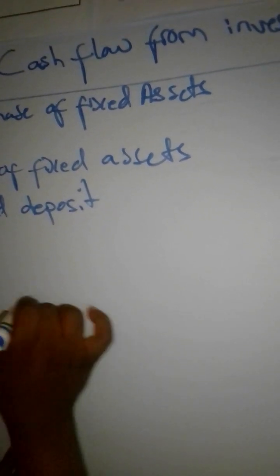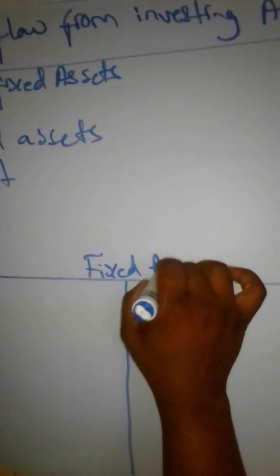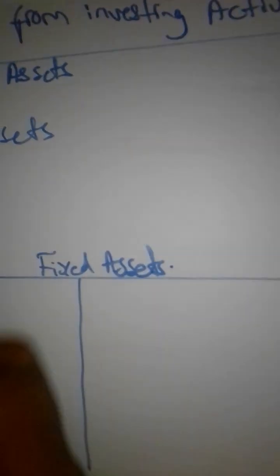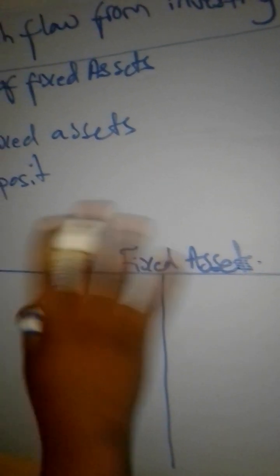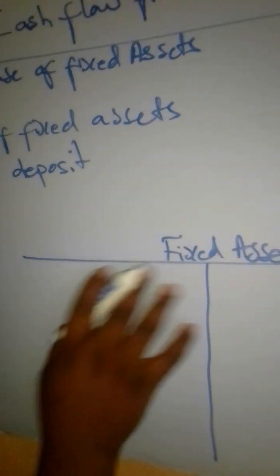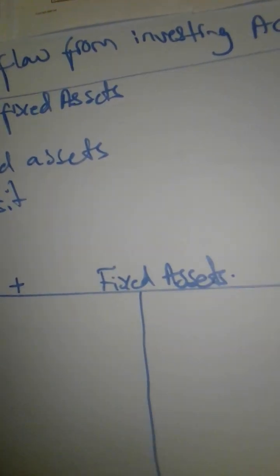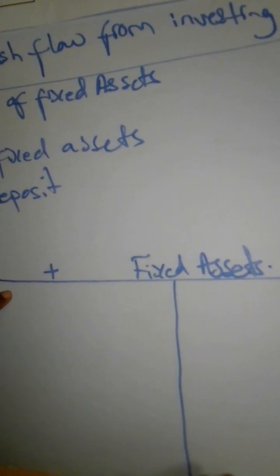I prefer to make use of the T account. You prepare a T account for the fixed assets. I'll make a template for you so that you can always use it when you're calculating this. Remember, this is an asset account. Assets increase this side, they decrease this side. Anything that increases this account goes on the debit side, what decreases goes on the credit side. The opening balance here, the closing balance here.